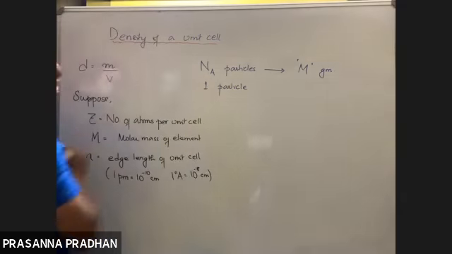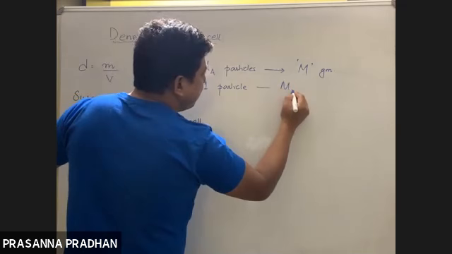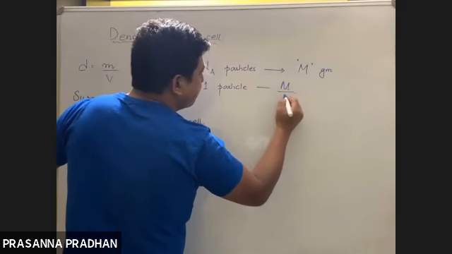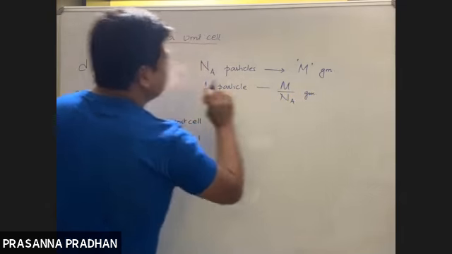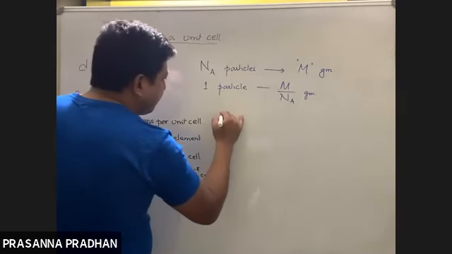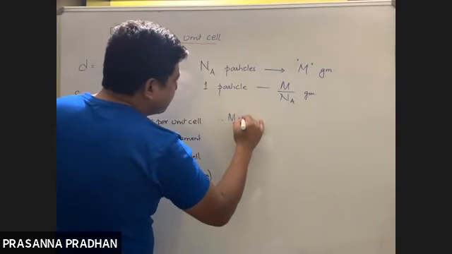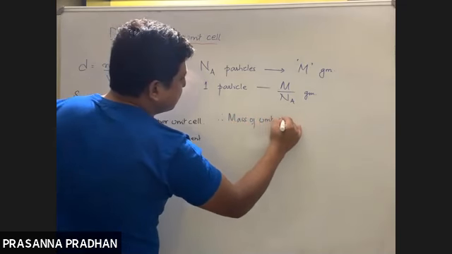M by N. If I divide the atomic mass or molar mass by the Avogadro number, we get the mass of a single particle. Now you tell me, therefore, what will be the mass of a unit cell?